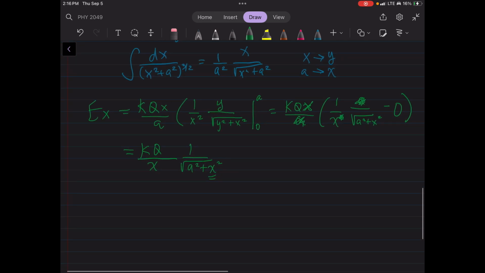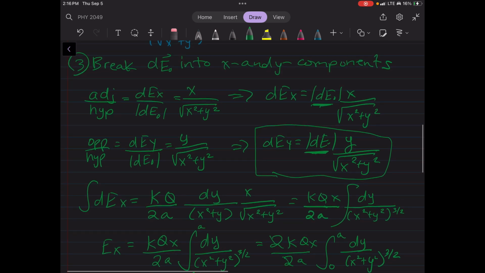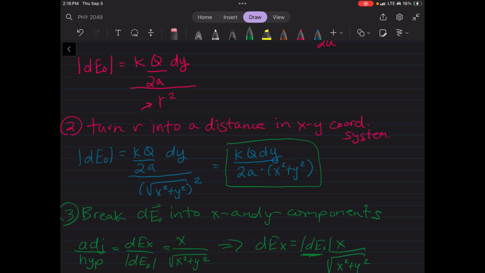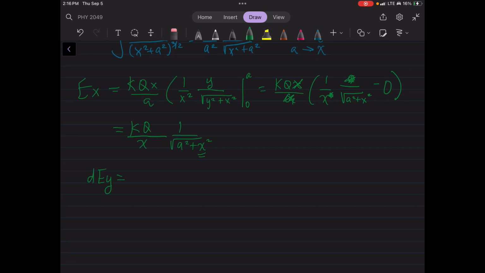So dEy is going to be equal to dE, which is kq dy over 2a times x squared plus y squared, times y over the square root of x squared plus y squared, right? Because that was our scaling factor.